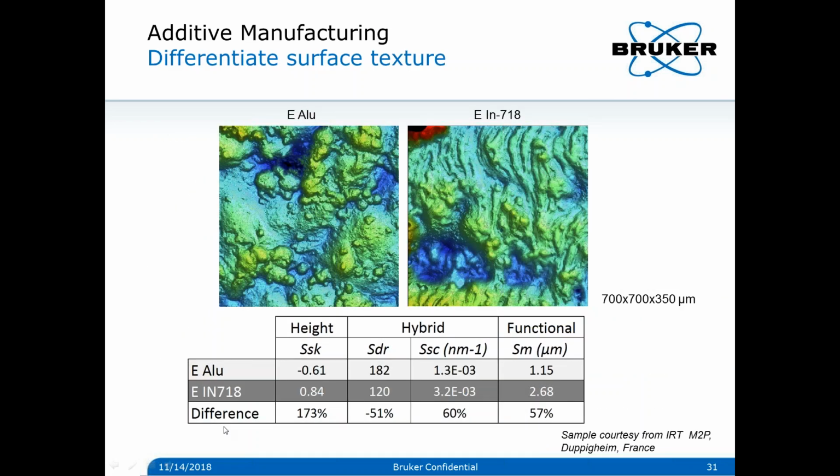And this is where the new normative S roughness parameters help us to convey that back to parameters. And quantified parameters are much easier to use in order to feed back into the process. So what we see here is the aluminum top view and Inconel.